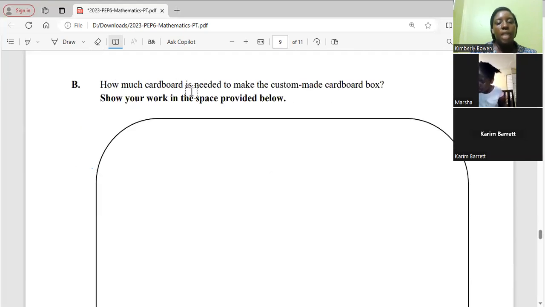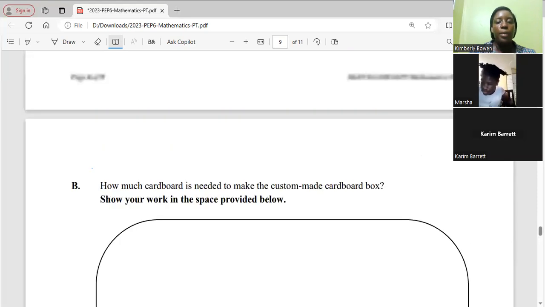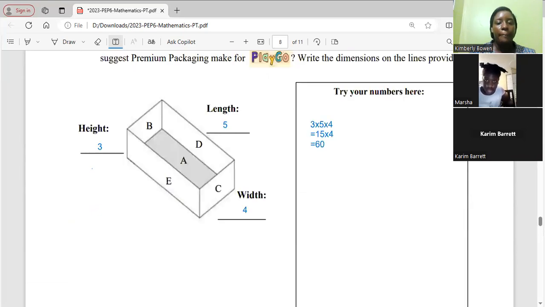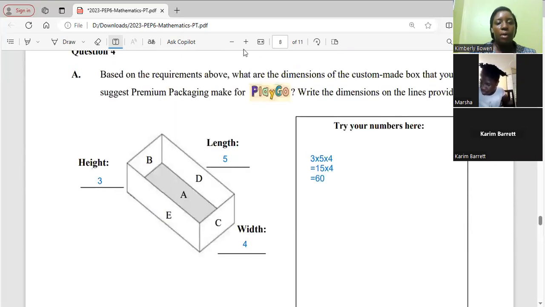It says how much cardboard is needed to make the custom cardboard box. Like what we did for the table, that's what we need to do here. So I'm just going to label up the box once more. If here is 5 at the top, I know that this bottom part is also 5. And if the width is 4, I know that the top part here is also 4.